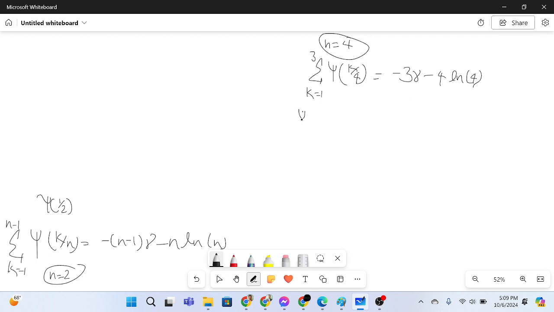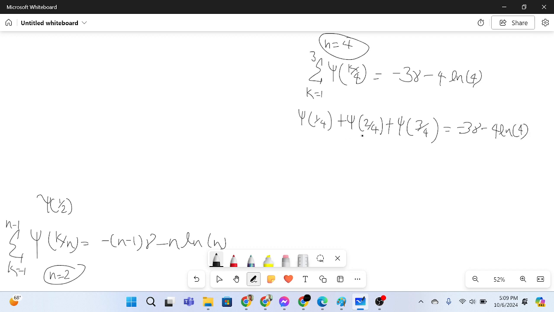And this is digamma of 1 by 4 plus digamma of 2 by 4 plus digamma of 3 by 4 is equal to minus 3 times the Euler-Mascheroni constant minus 4 ln 4.